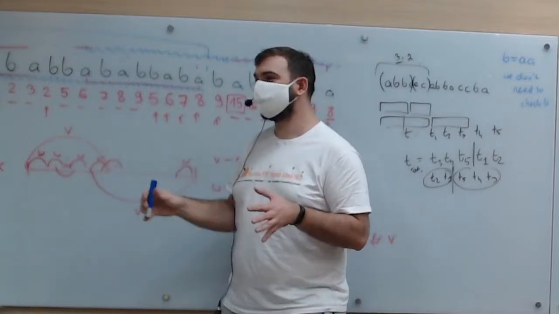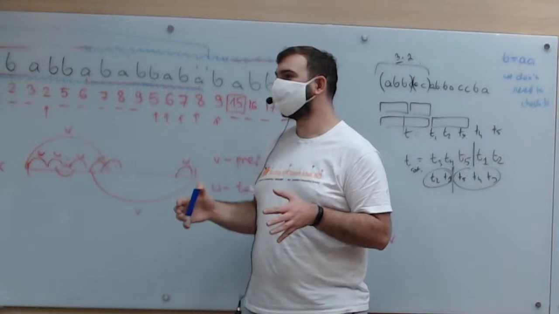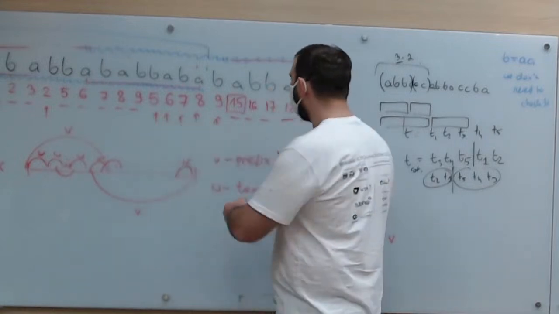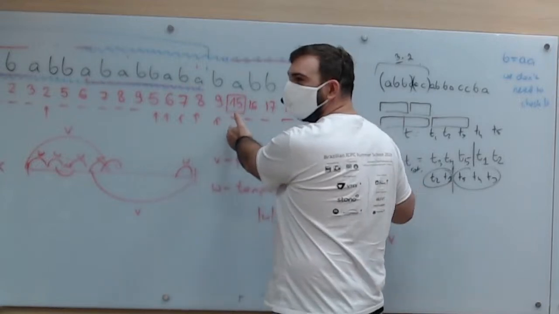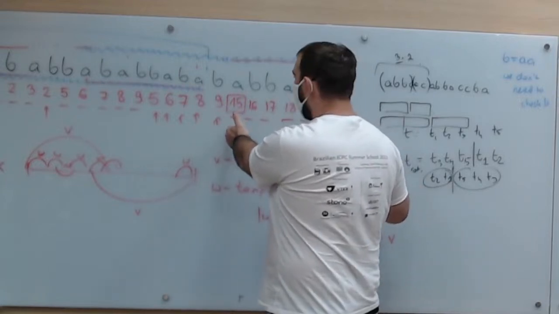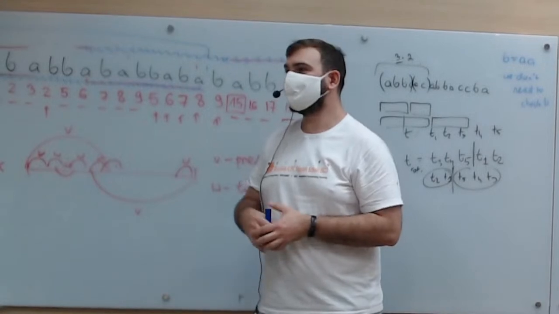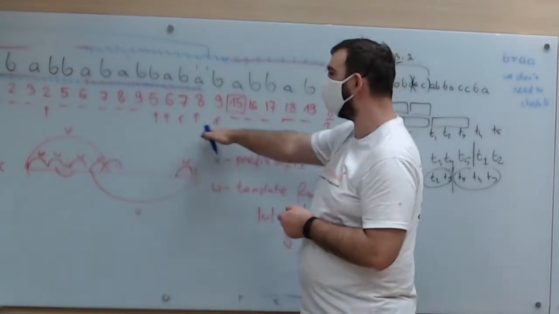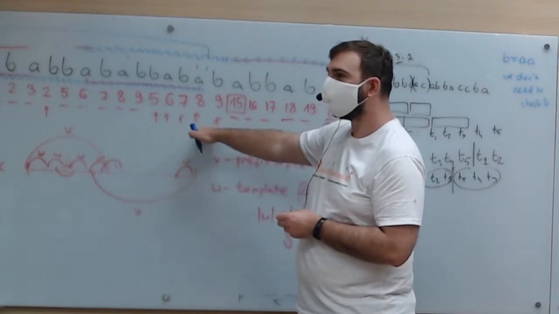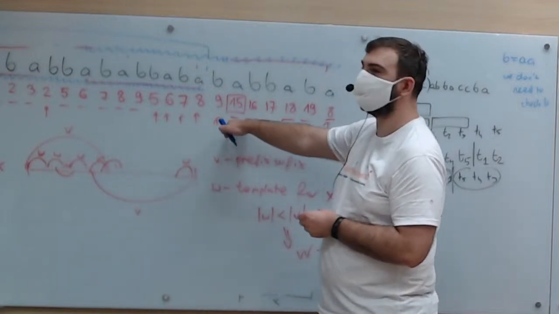I know how to check it: I just need to check if I cover this remaining part with my template. That's the whole algorithm. If my check works, then the answer is equal to the answer of my prefix suffix. If it doesn't work, then the answer is just the length of the word.